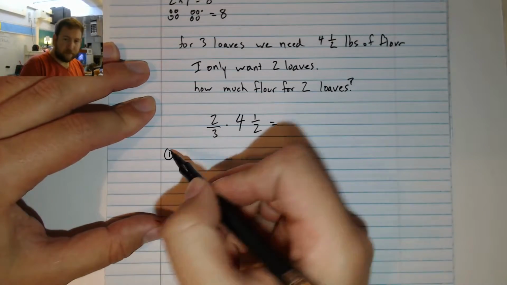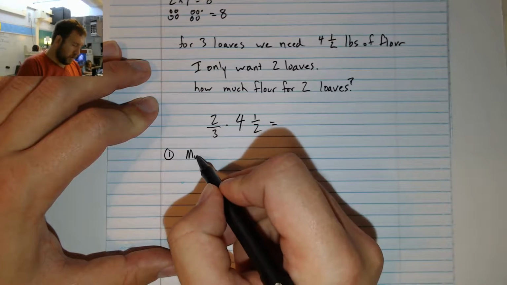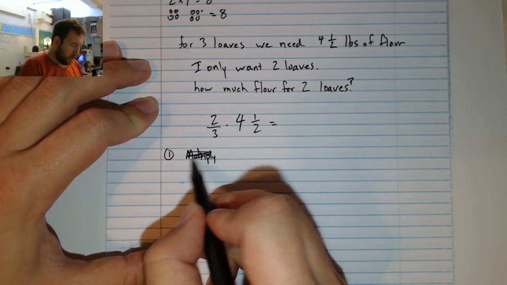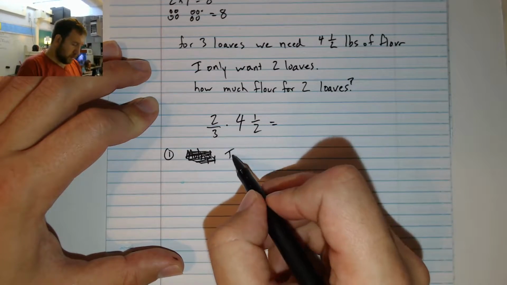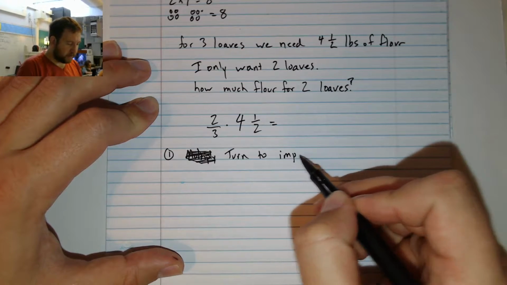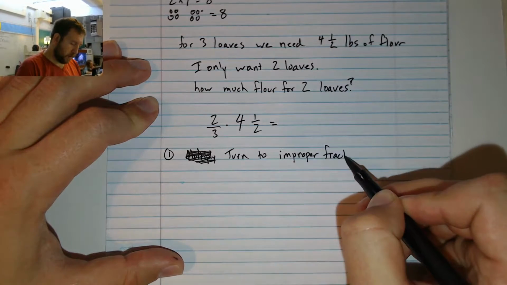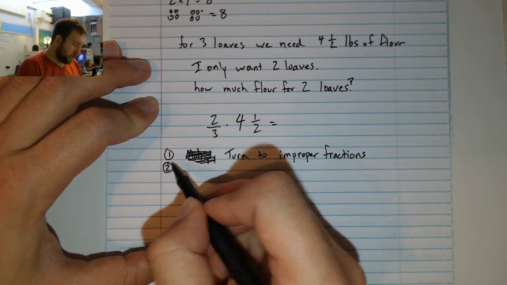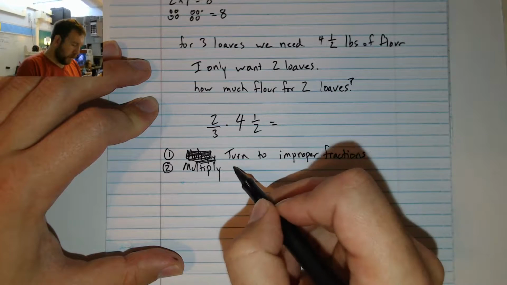First, let's write down our rules and our steps for multiplying fractions. Step number 1, we're going to multiply. Actually, my rule number 1 is instead going to be turn to improper fractions. Step 2, multiply numerators.